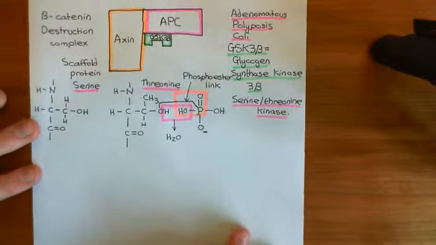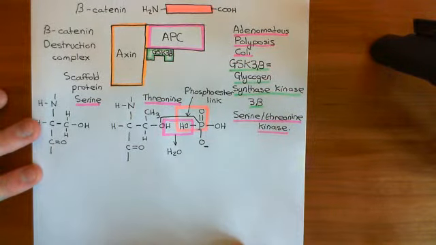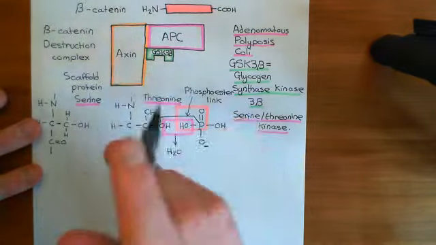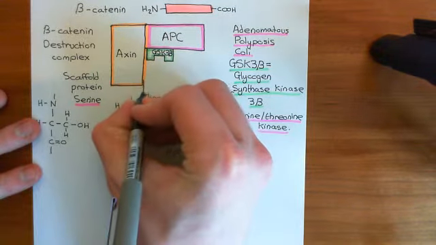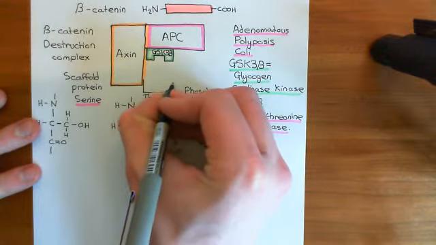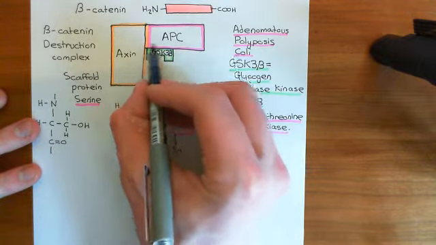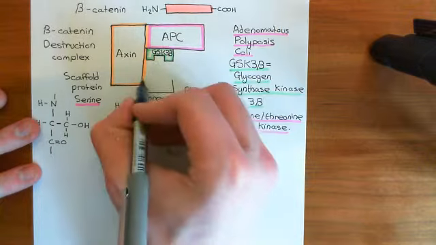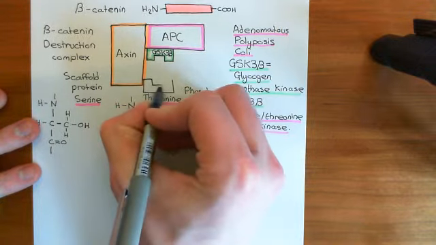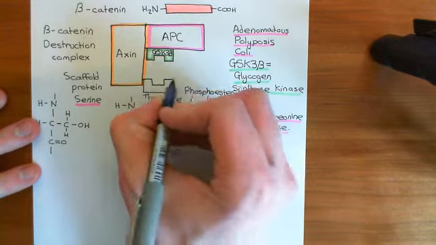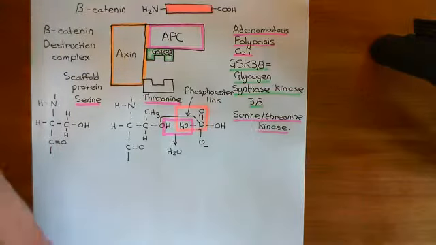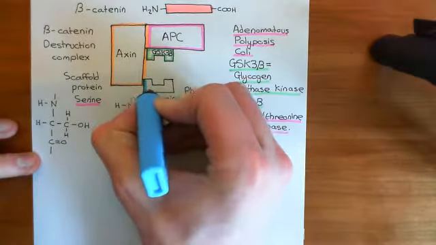So that's what glycogen synthase kinase 3 beta is then. It's a serine threonine kinase enzyme, and we're about to see another serine threonine kinase. Glycogen synthase kinase 3 beta is attached both to axin and also to adenomatosis polyposis coli, but this next serine threonine kinase is only going to be attached to axin. Here it is in blue.